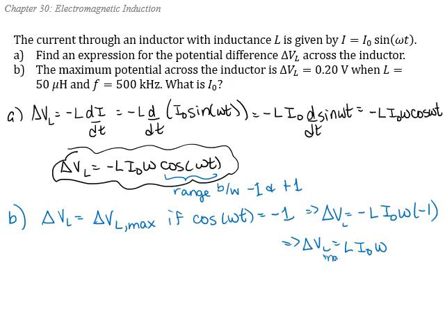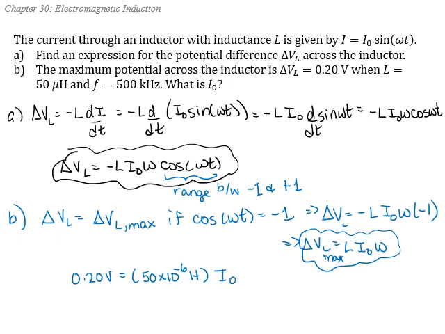So that's my maximum potential. That's the biggest the potential can be. Okay, so now I have some numbers I can fill in there. So 0.20 volts is equal to the inductance, 50 microhenries, 50 times 10 to the minus 6 henries, times I0.